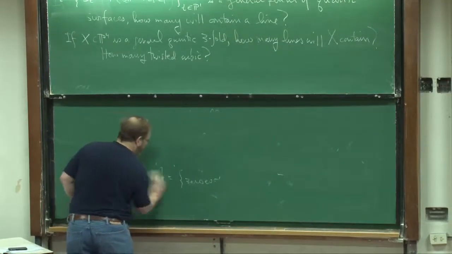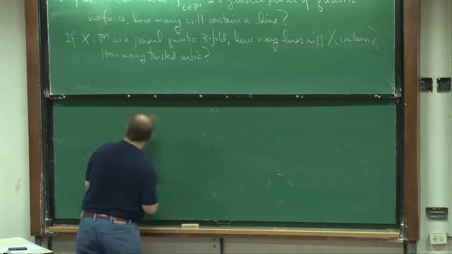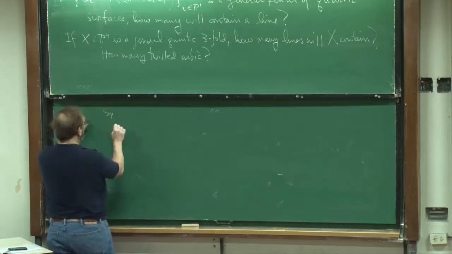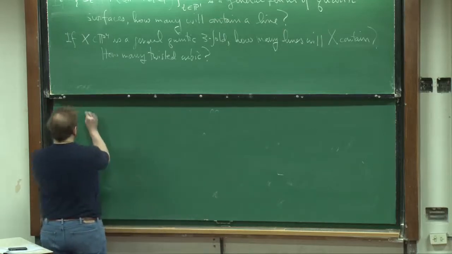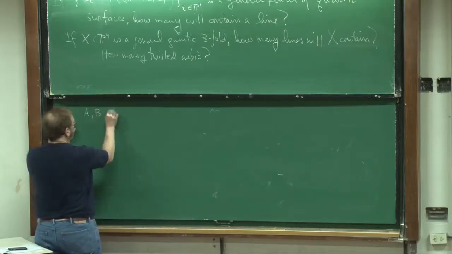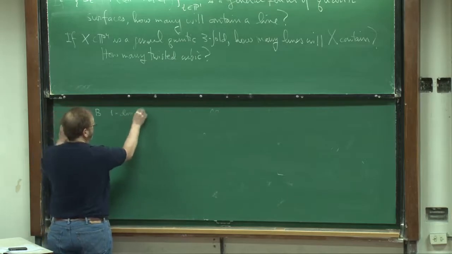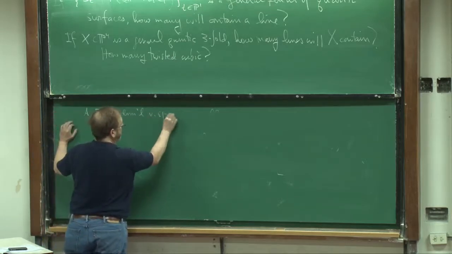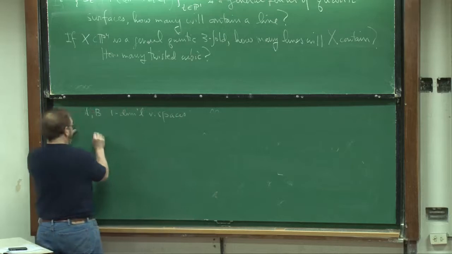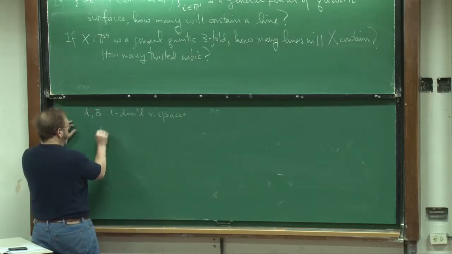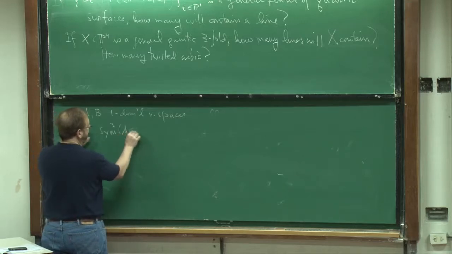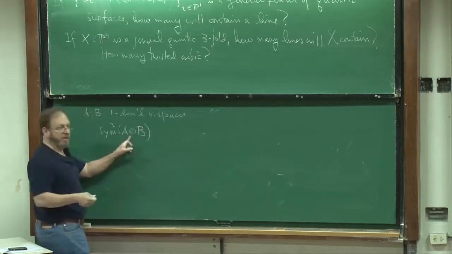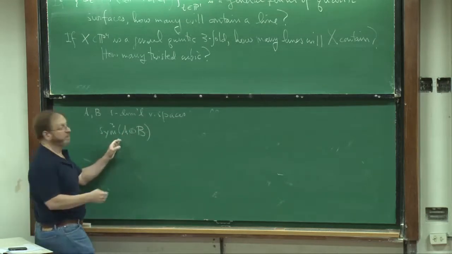I just want to say, if I have two one-dimensional vector spaces, A and B, then the symmetric product, let's say specifically Sym^3, of the direct sum is itself a direct sum.